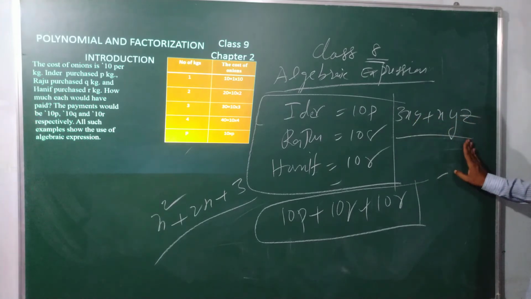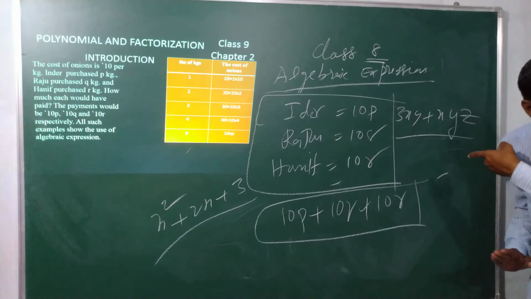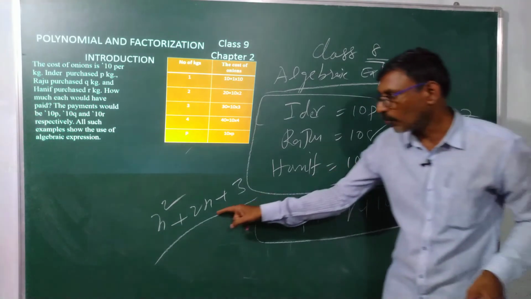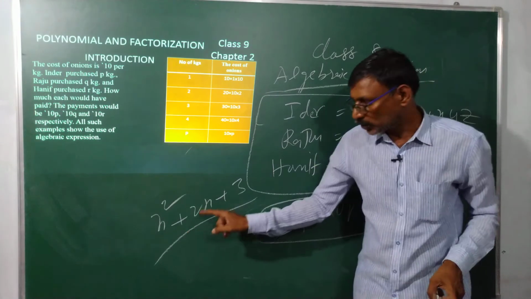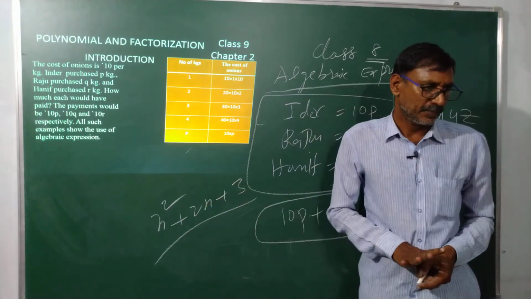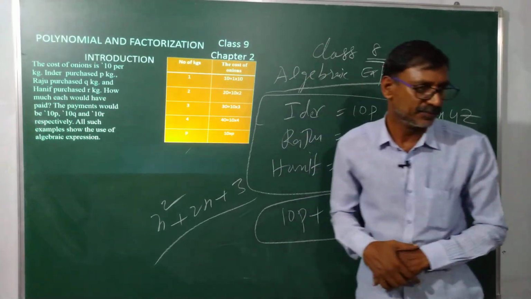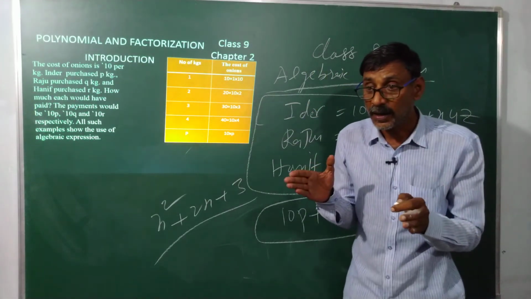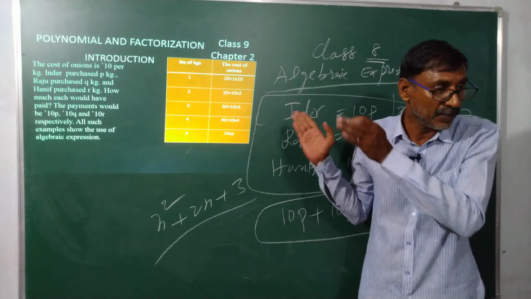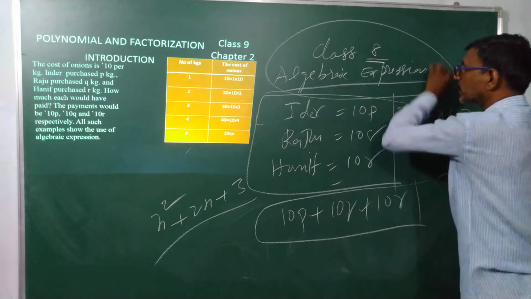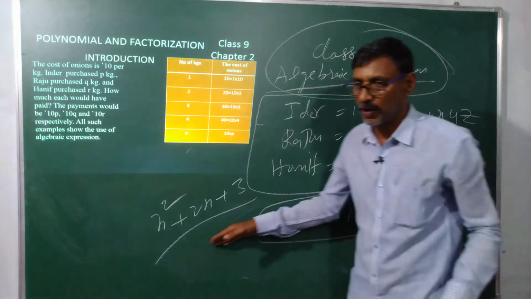It contains two terms but different variables. Here we have only one variable. So one-variable algebraic expressions are called polynomials. Polynomials are coming from the algebraic expression. When you filter the algebraic expressions, we get some polynomials.